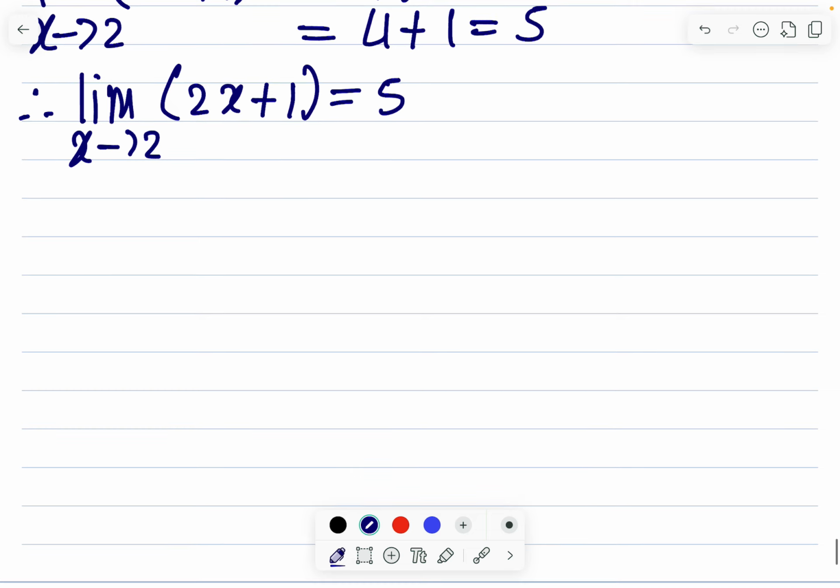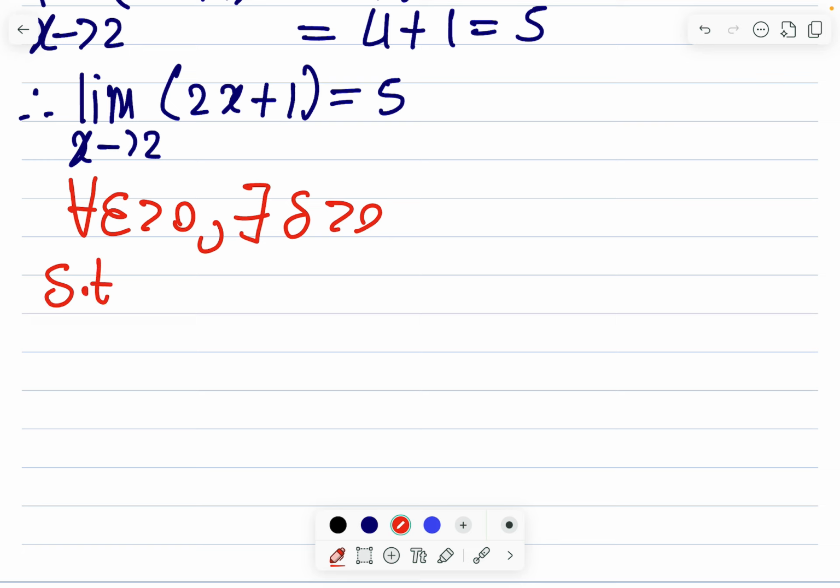So the first step is to write the definition. For every epsilon greater than 0, there exists delta greater than 0 such that 0 is less than the absolute value of x minus a, what is our a now? It is 2.